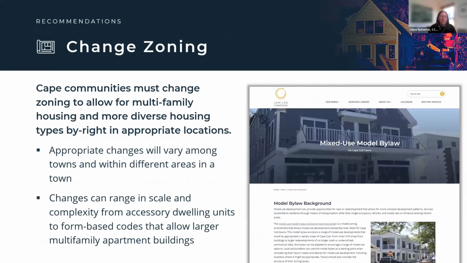So this recommendation of changing zoning is really looking at appropriate locations in towns where more housing could be supported and the infrastructure is there, and allowing more types of housing, more multifamily housing, duplexes, particularly in places that are more walkable, where there's more opportunity to get around without reliance on a car, and where there is infrastructure as well.